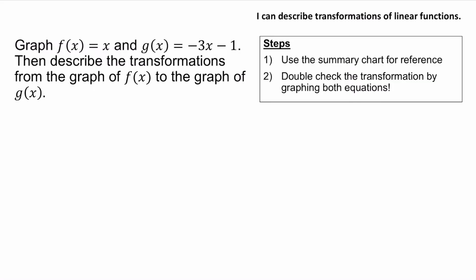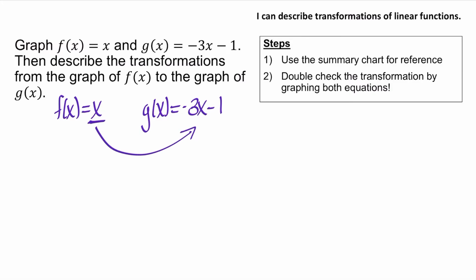So let's graph f(x) equals x and g(x) equals negative 3x minus 1 and describe the transformations from the graph of f(x) to the graph of g(x). There's a lot going on here, because f(x) is x, and g(x) is negative 3x minus 1. Let's think about what happens to x to get to here. First, x gets multiplied by 3.